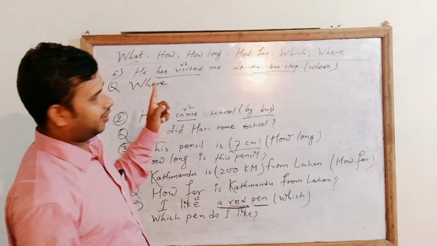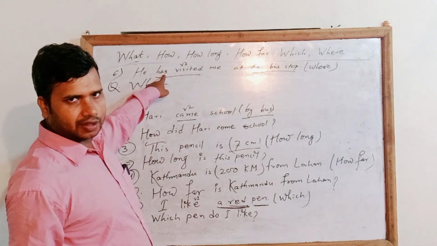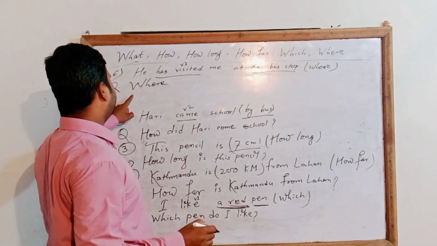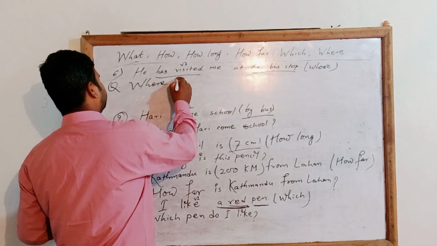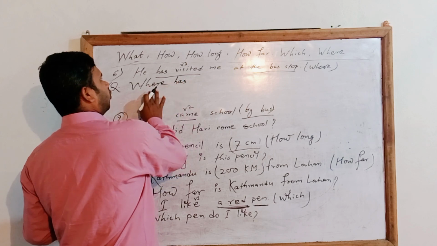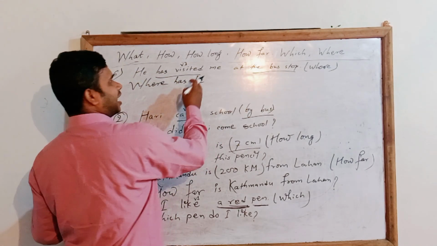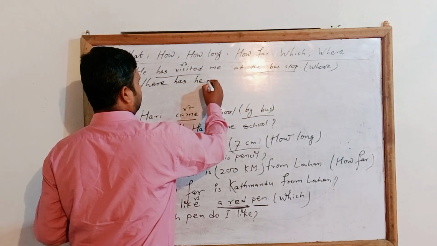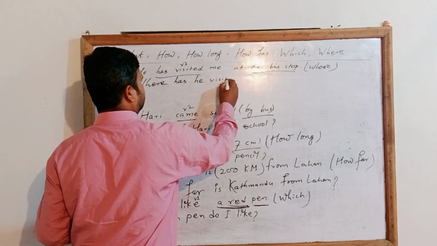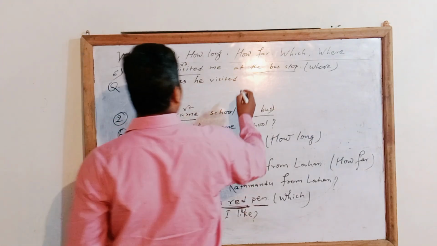Present perfect. So here has already given auxiliary verb. So you have to write here WH word plus auxiliary verb. The has, where has. After that subject he. Where has he? After that V3 form, this visited. Where has he visited me?